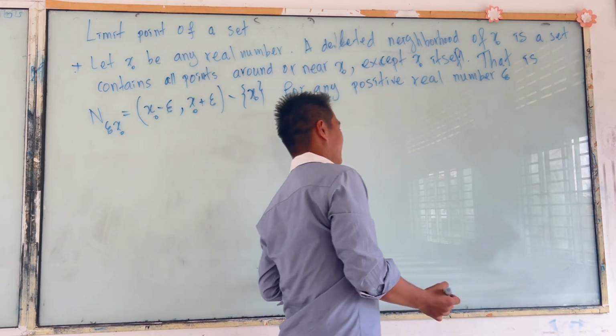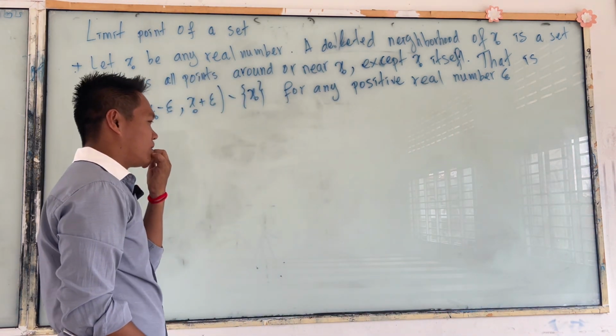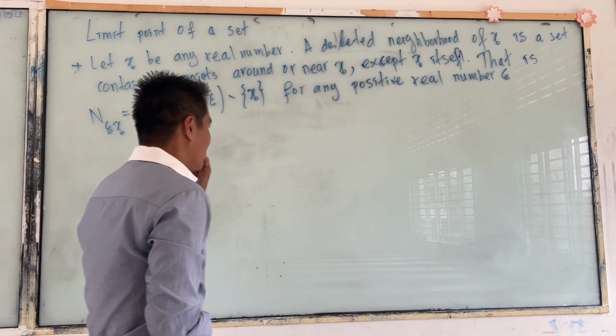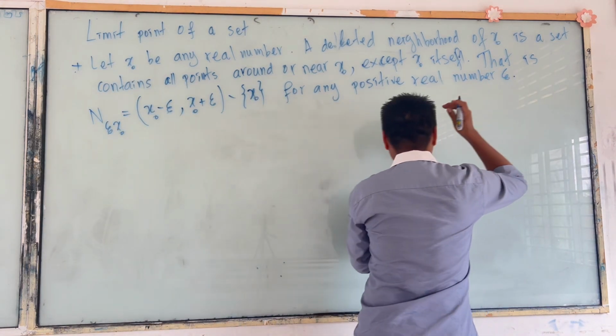Here epsilon can be the smallest one or the biggest one. We just say that it's a positive number.